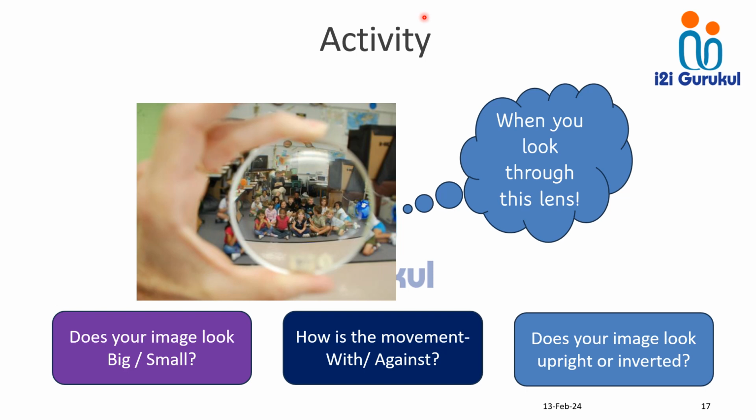If you move the lens to your right side, the image moves to your left side. And if you hold the plus lens and look at an object, it will show you an inverted image. So this is what we can see through the plus and minus lenses.